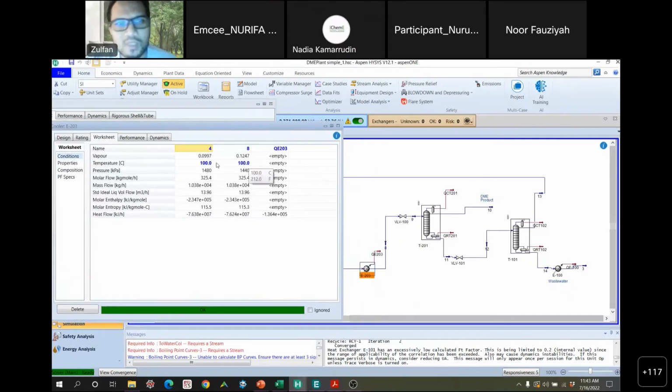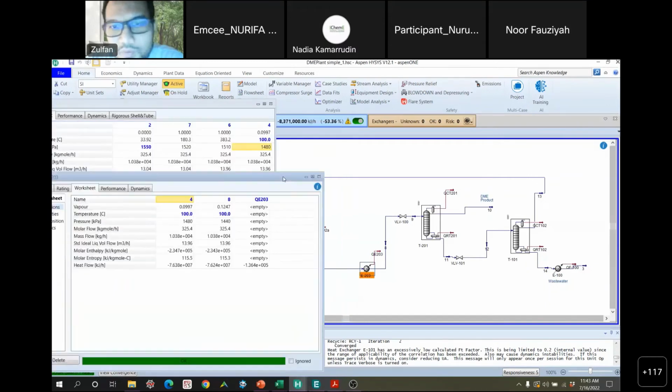Even though the temperature is 100 degrees C, it has some vapor to condense. So apparently there's a phase change happening over here. Even though the temperature is constant, we still need some energy to reduce the vapor fraction. But because of the thermodynamic differences, we'll have to check the thermodynamics.